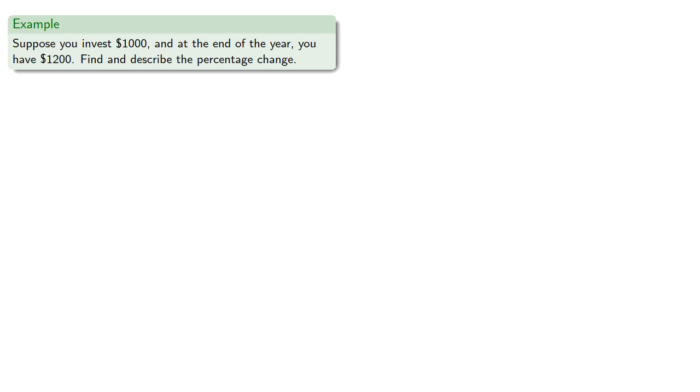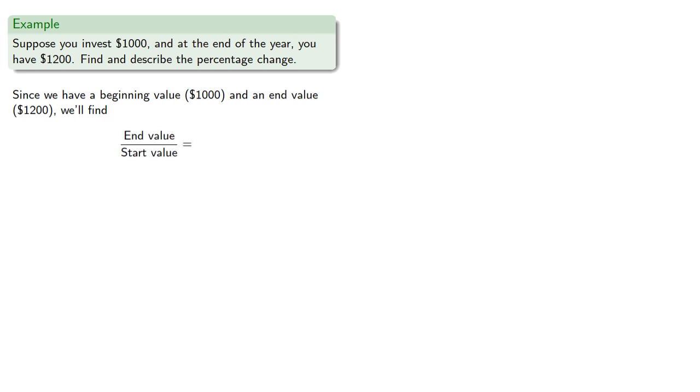Now here it's very important to pay attention to the grammar. So suppose you invest $1,000 and at the end of the year you have $1,200. Find and describe the percentage change. Since these values have a beginning and an end, we'll find the quotient, end divided by start, which will be, and we can calculate that as, and again, to convert this into a percentage, we'll multiply by 100 to get.